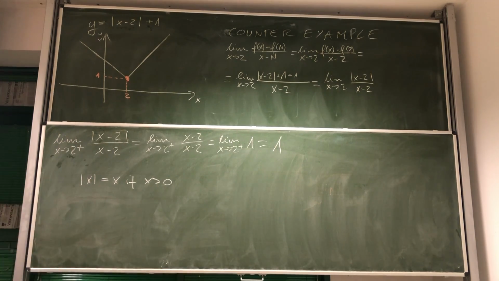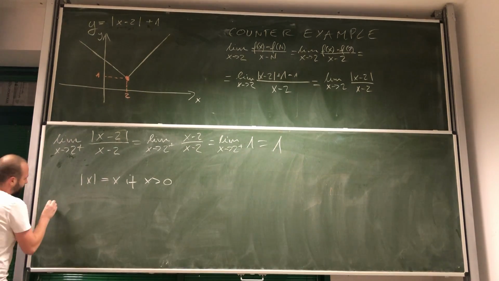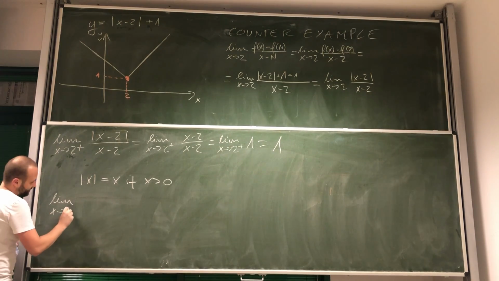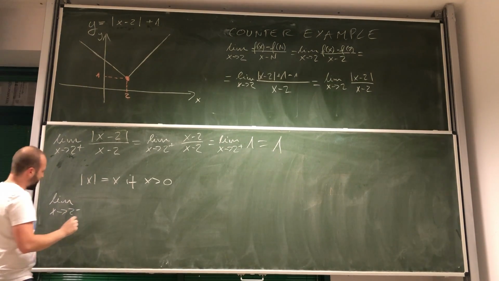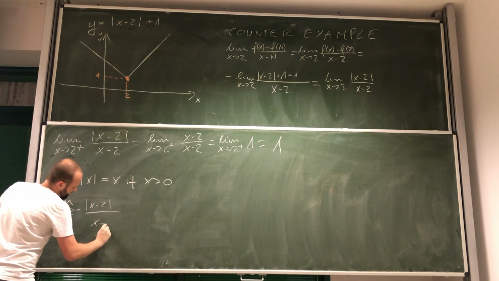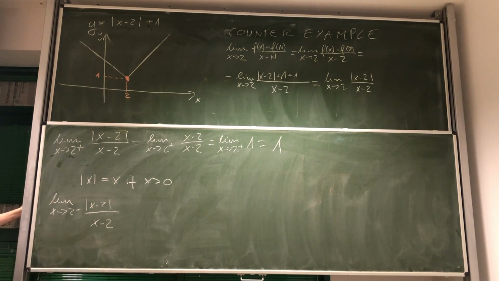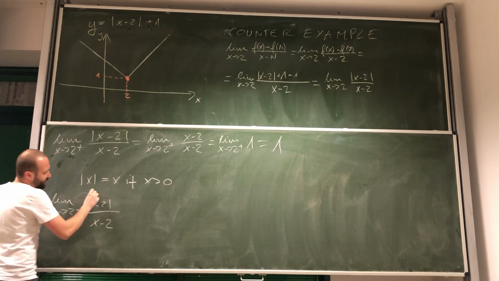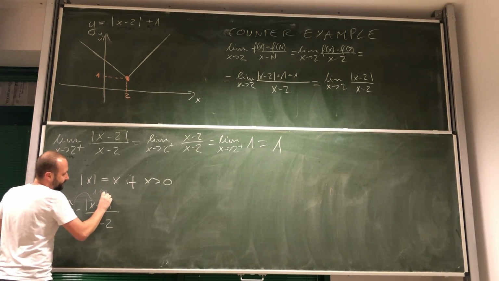Now, let's see what happens if we calculate the limit from the left-hand side. Okay, look, now when I'm substituting here a number, I'm substituting a number like 1.99.